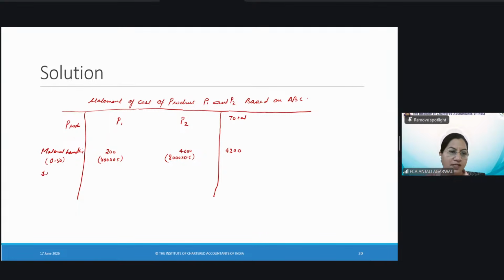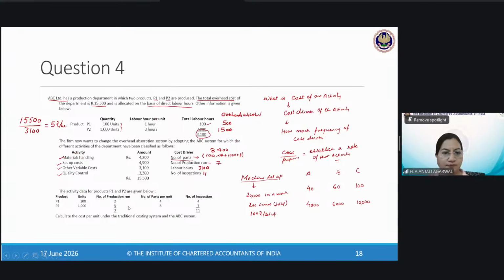The next was the setup cost based on production run, and the cost of setup was at the rate of 700 per production run. Production run was done 2 times for P1 and 5 times for P2. So 2 into 700 and 5 into 700.